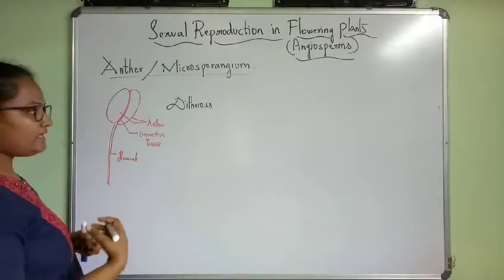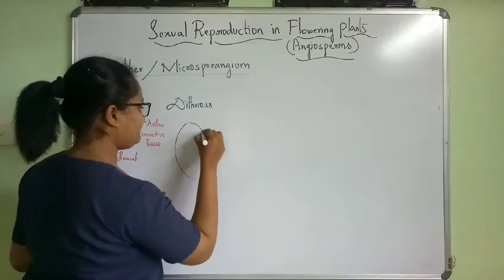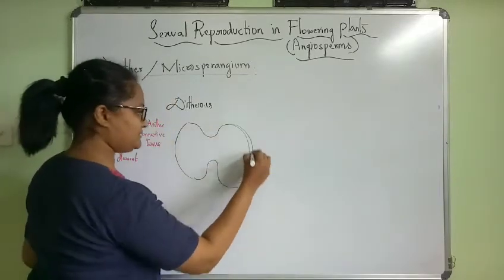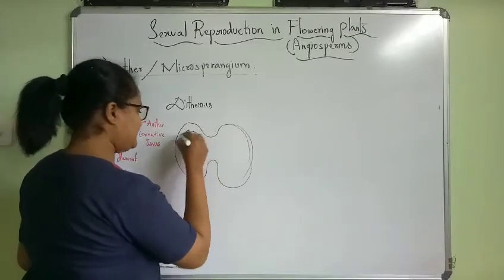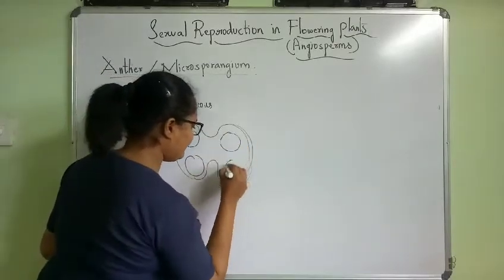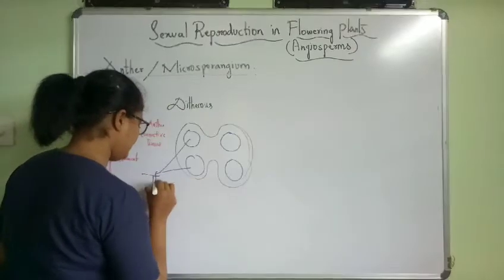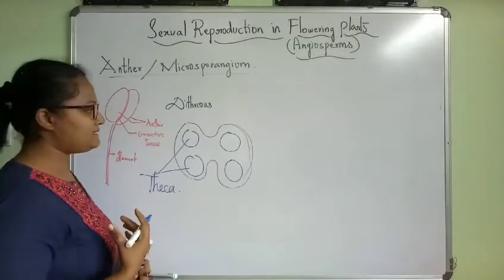Why? Because we know there are two lobes. Just imagine, this is made up of two lobes. Each lobe contains a theca.